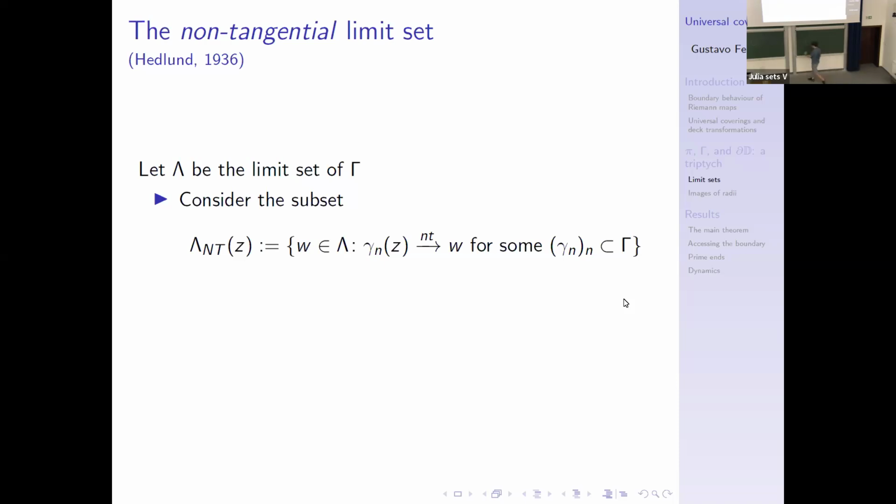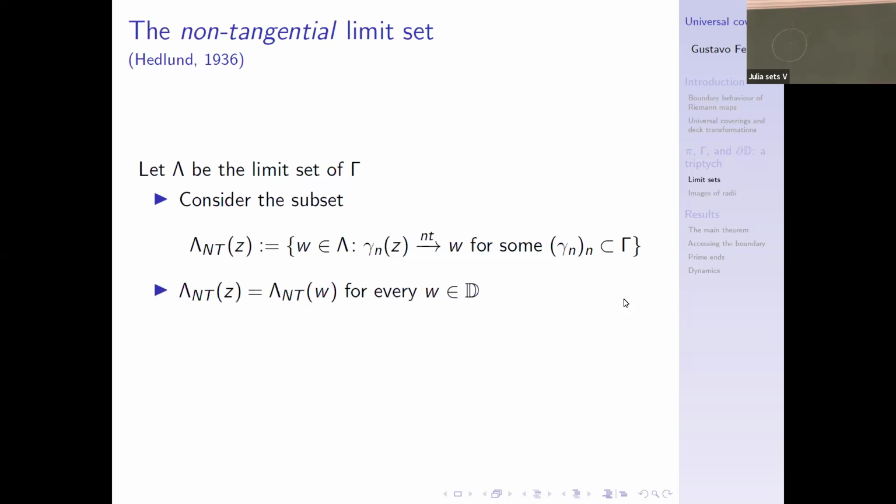So in this drawing, it will be something like, I can find some subsequence of all these points that I drew here, and this subsequence is staying non-tangentially, right? So it's staying inside one of those nice disk sectors that we saw before. And let's say that this is this guy here, zeta, and this guy is going to be a point on the non-tangential limit set.